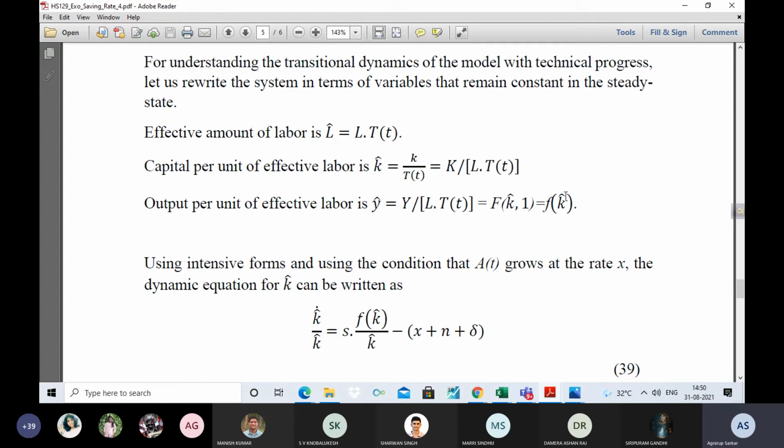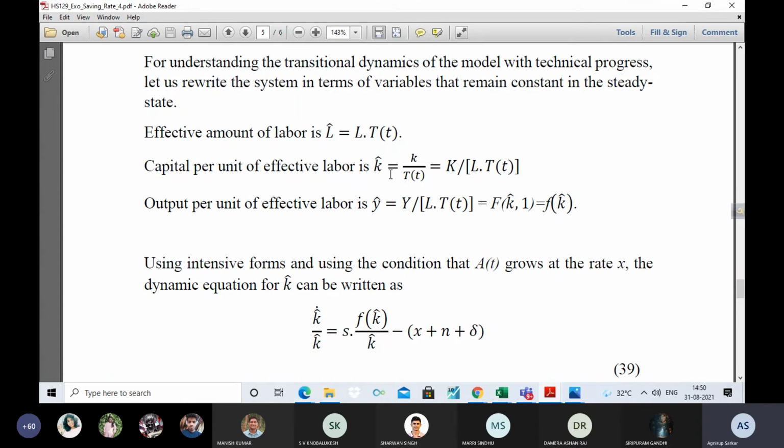So the variable small k hat is the quantity of capital per unit of effective labor. The quantity of output per unit of effective labor, small y hat, is equal to capital Y divided by L times T. This is the same definition, following the same principle as capital per unit of labor.